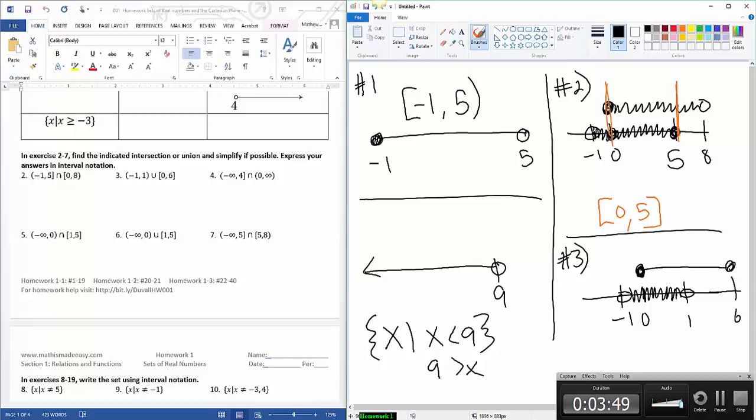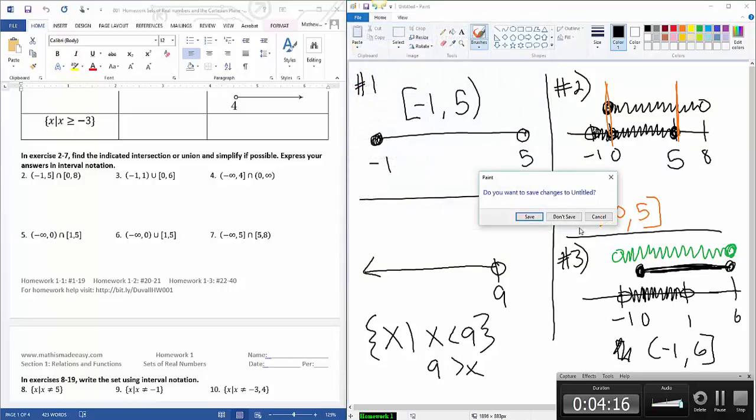Closed circle there, and so we have that region there, and so it's both combined together. So if I were to imagine this being combined, it would be from -1 all the way to 6, and so that does have an open circle. So this is going to be from -1 all the way to 6, which has a bracket.